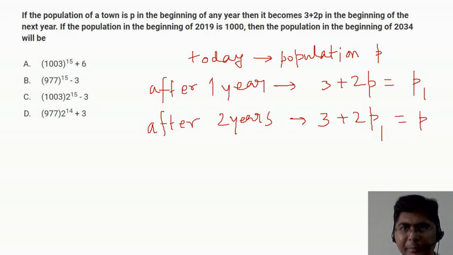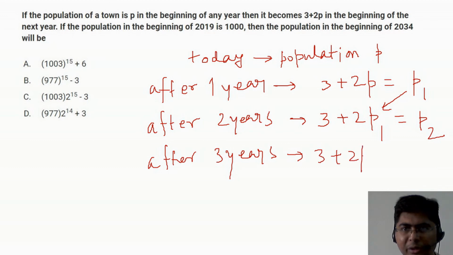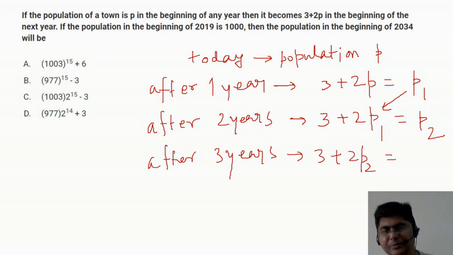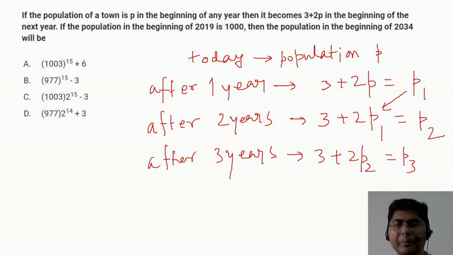So see, look at P1 is replacing P here. Now let's say after 3 years, what will be the population? 3 plus 2 P2, which is equal to P3. Let's assume. Now this is the way we have to find out what the population will be in 2034.